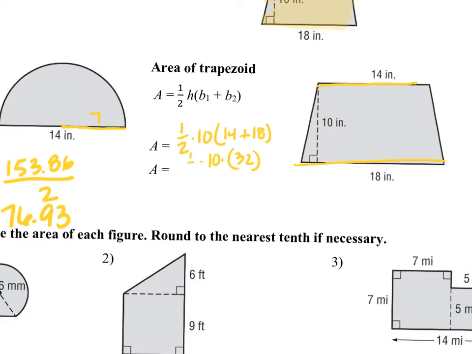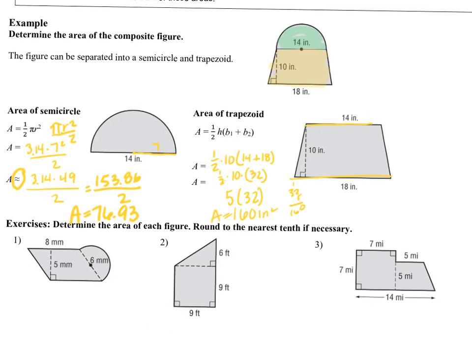Okay, 1/2 of 10 times 32. Half of 10 is 5. 5 times 32 is 160. So the area of the trapezoid is 160 inches squared. Okay, to do a composite figure, I have to add those pieces together to get the total of this figure here.